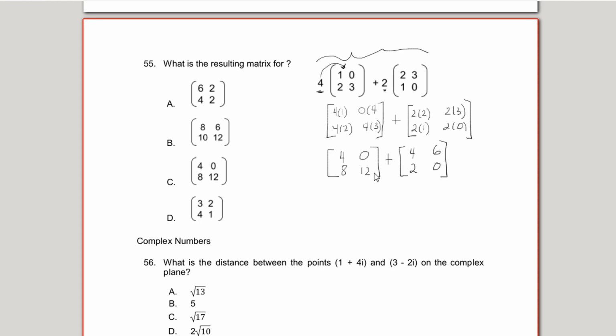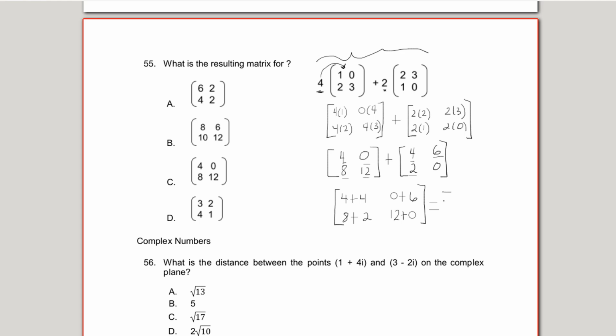Now to be able to add matrices, they have to be the same dimension. Both of these are 2 by 2. We can add those, and that just basically means we're going to add the entries in each position. So 4 plus 4, then 0 plus 6, 8 plus 2, and 12 plus 0.